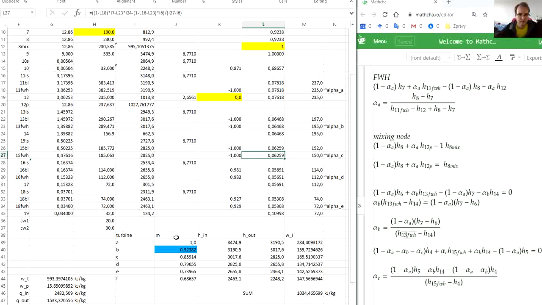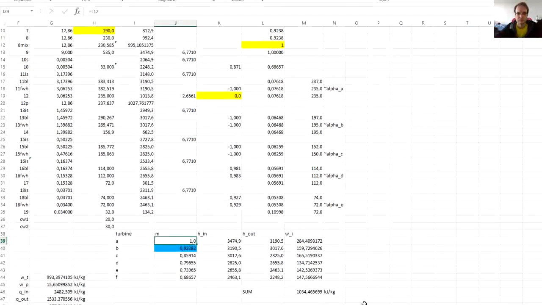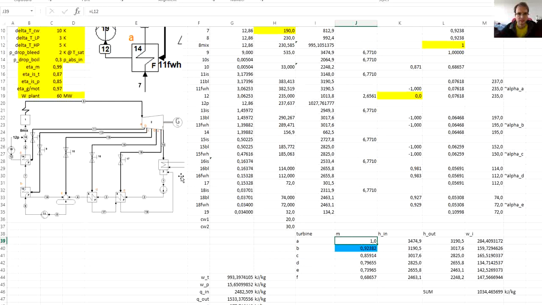and we can check the part with the turbine, where we have mass flow rate at the first part. You can put it like this. Mass flow rate at first part stays as 1.